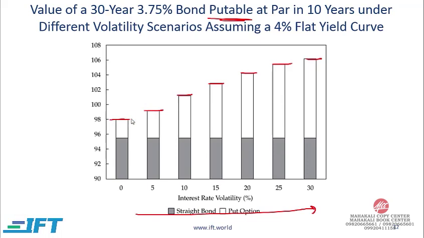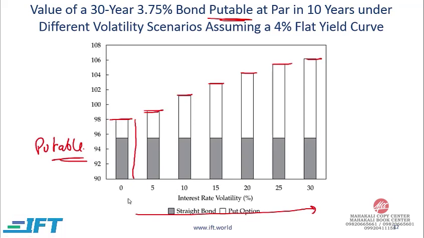Here the total bar represents the value of a puttable bond, and if this is the total value of the puttable bond, the gray or shaded part represents the value of a straight bond and the clear part represents the value of the put option.